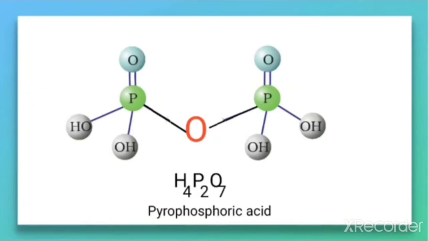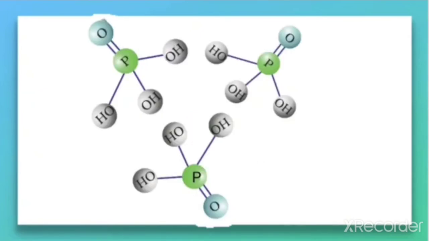For this, again we need H3PO4, but write it three times like this and make it in a cyclic form, so that the OH groups come closer. So like this we will make it. That is the 3 H3PO4 drawn in this way.